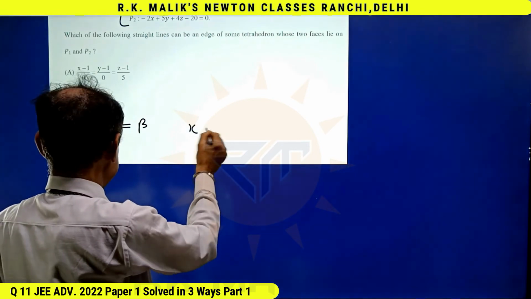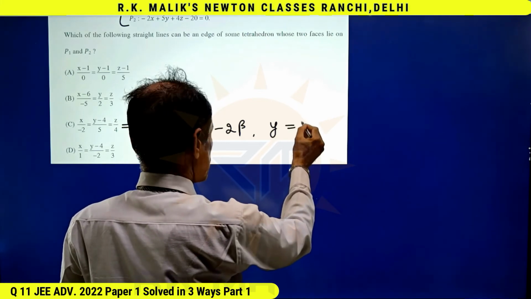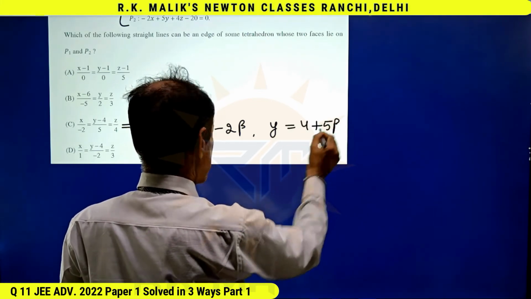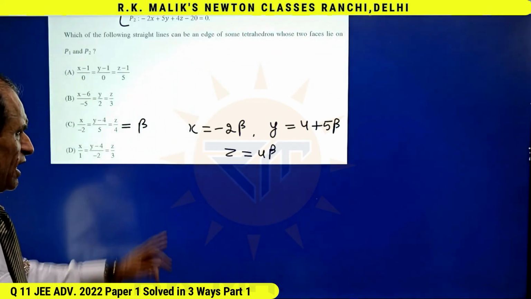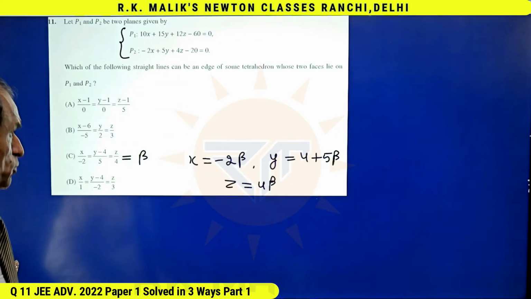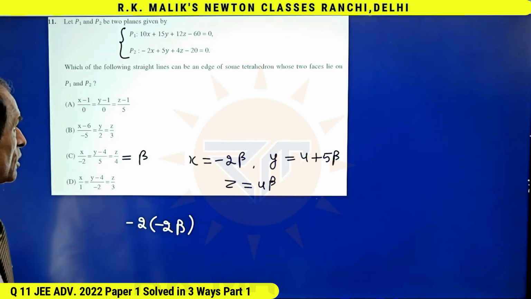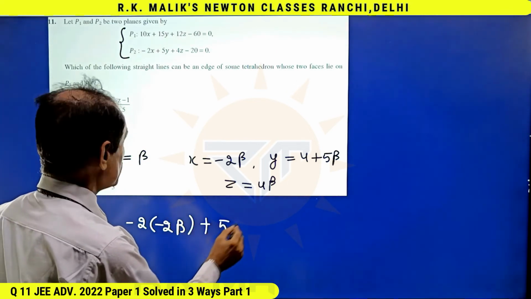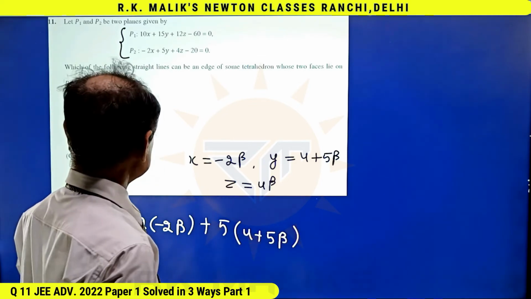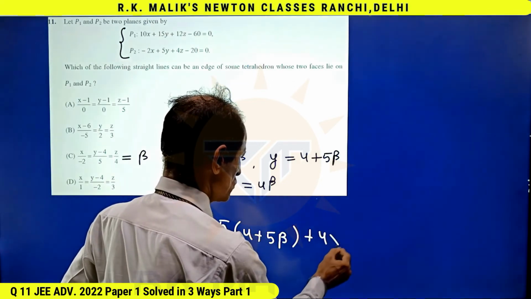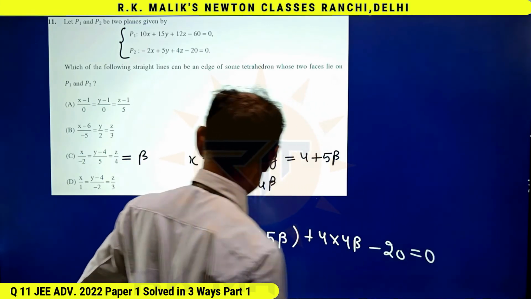The value of x is minus 2 beta, value of y is 4 plus 5 beta, value of z is 4 beta. And now let us put this point in the plane P2. I'll get minus 2 into minus 2 beta plus 5 into (4 plus 5 beta) plus 4 into 4 beta minus 20 equal to 0.